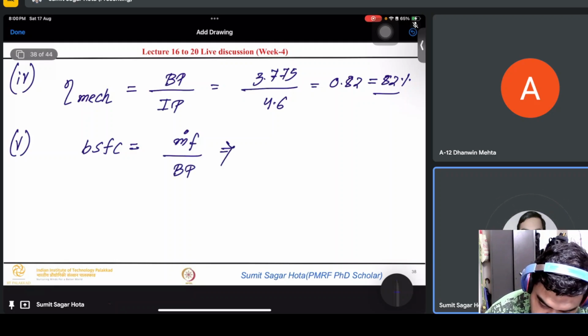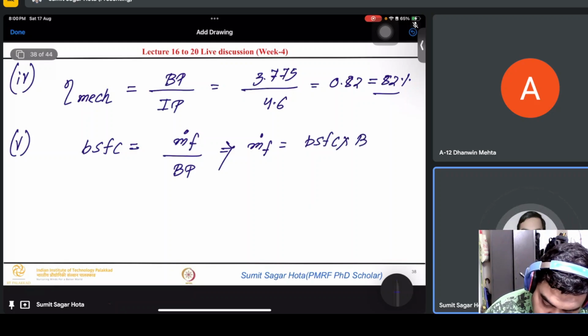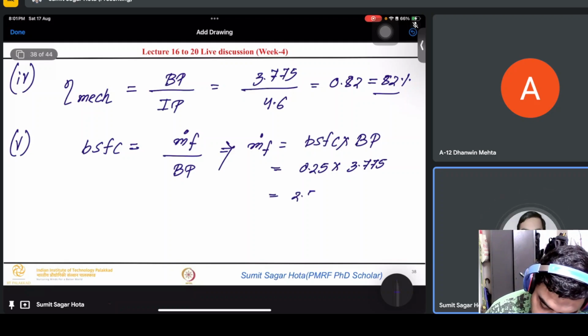So m dot f is brake specific fuel consumption into brake power, which is 0.25 into 3.775, so comes out to be 2.516 into 10 to the power minus 4 kg per second.